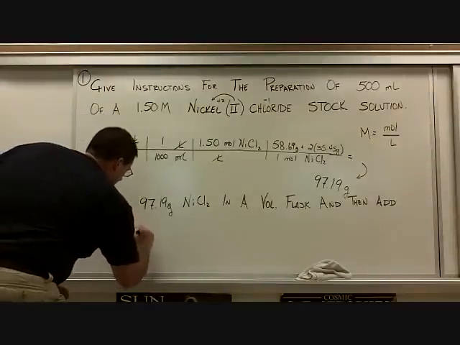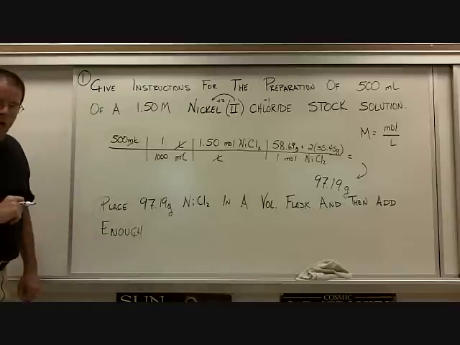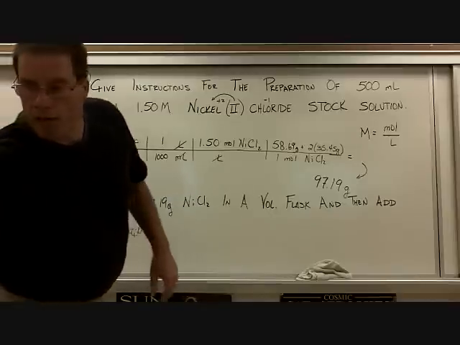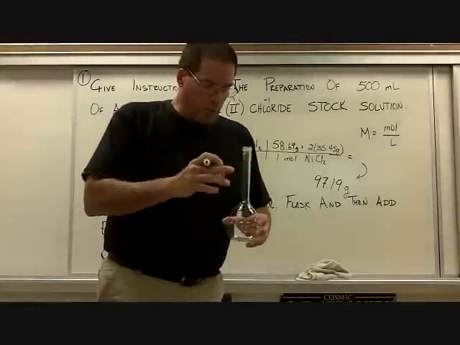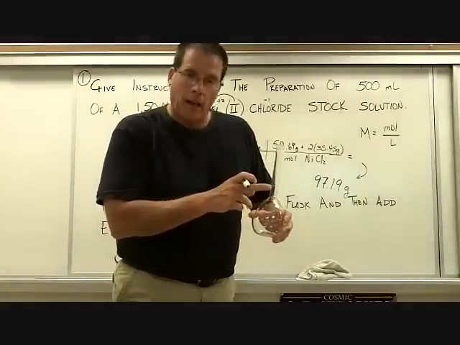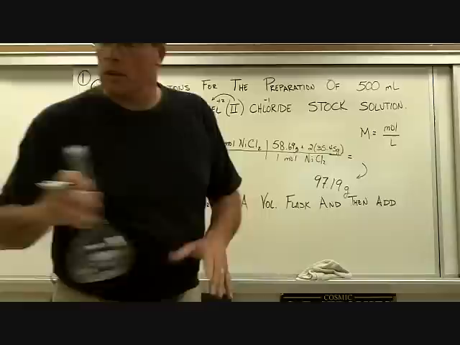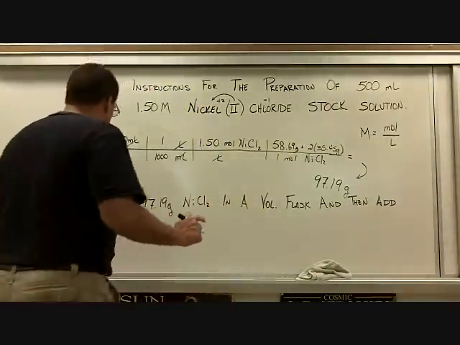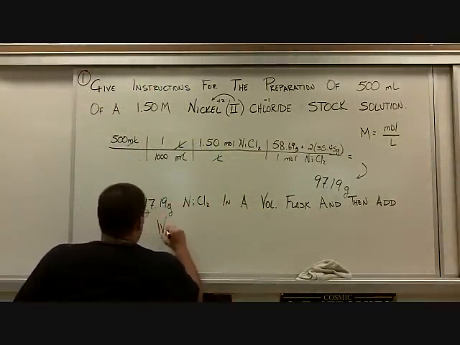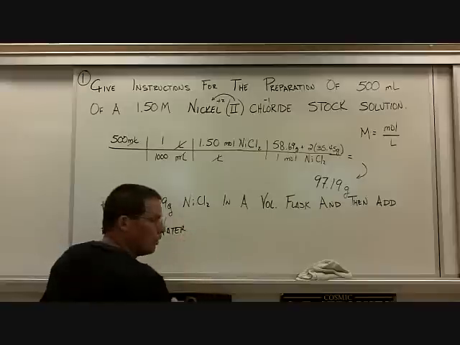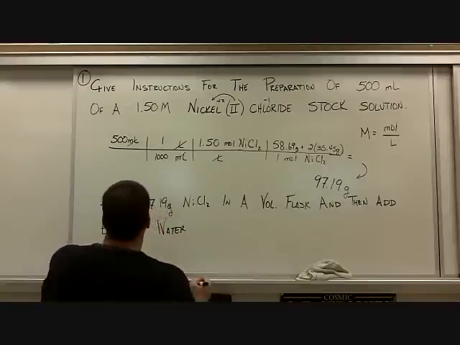And that's key here. We don't know how much water Samuel's going to add, but he's going to add just enough water that once that solid's placed in there, it will get to that line right there, which will equal 500 milliliters. We'll use distilled water or deionized water.